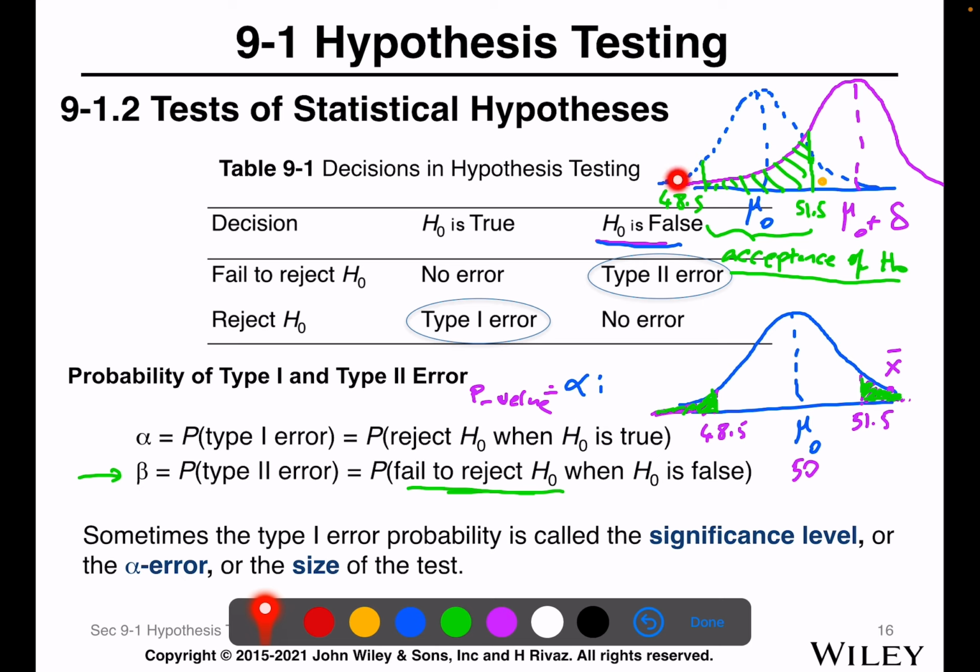What is the importance of the other curve? The other curve comes from the null hypothesis, H0. It basically says that I think that my distribution has a mean of mu0, but in reality, my distribution has a mean of mu0 plus delta. So what is the use of this blue curve?